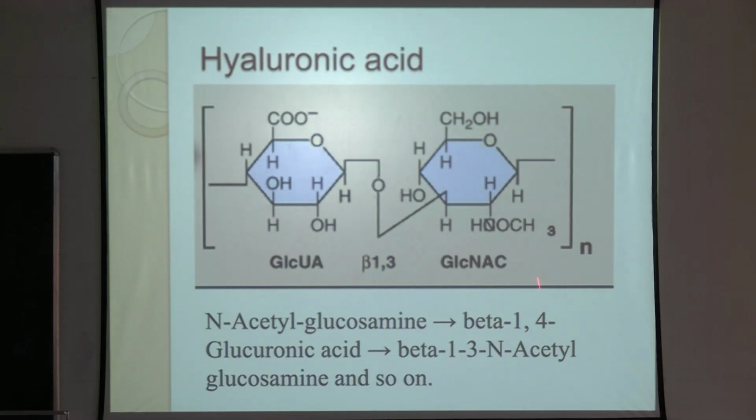But the next connection will be beta 1,4. This is beta 1, and it will connect with the 4 carbon of glucuronic acid. So the linkage is alternate: beta 1,3, beta 1,4, beta 1,3, beta 1,4.